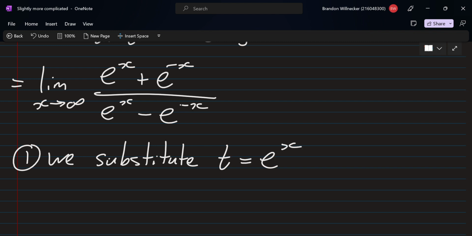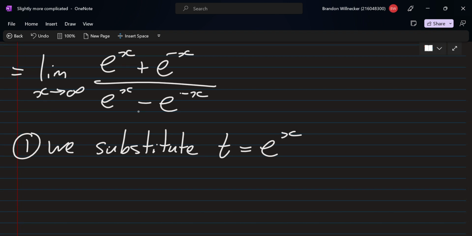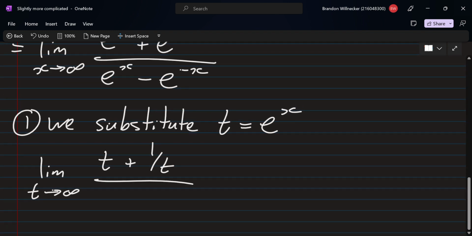If x is going to infinity, e to the x is also going to infinity, so t is also going to infinity. By making the substitution, we can write the limit as t goes to infinity; e to the x becomes t, e to the minus x becomes 1 over t, and similarly for the denominator, we end up with t minus 1 over t.